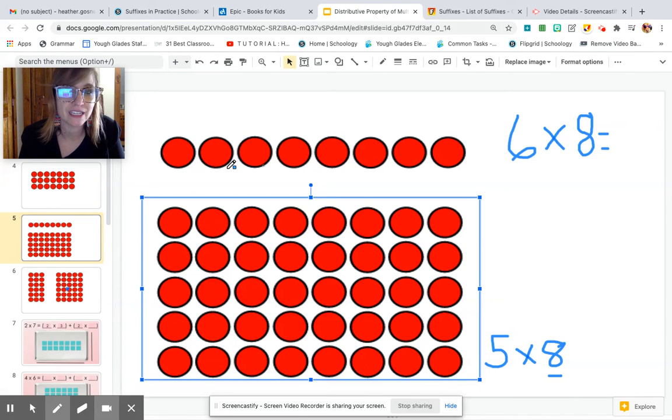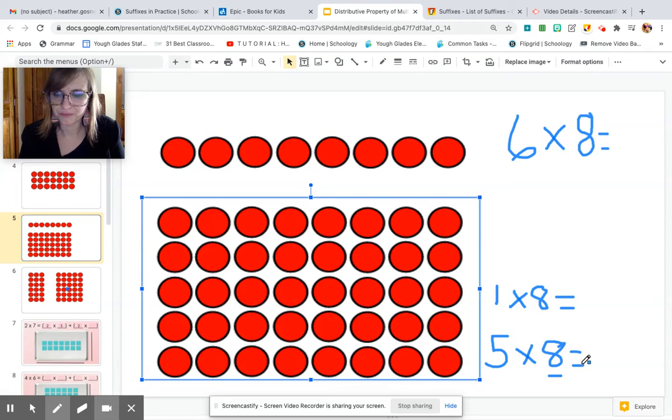Because look at this next array that I made. I made 1 row of 8. So now looking at this, I'm aiming to solve for 6 times 8. I'm aiming to find the product of 6 times 8.